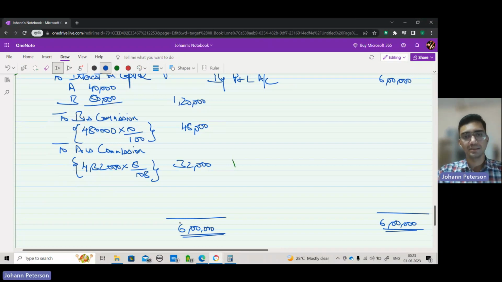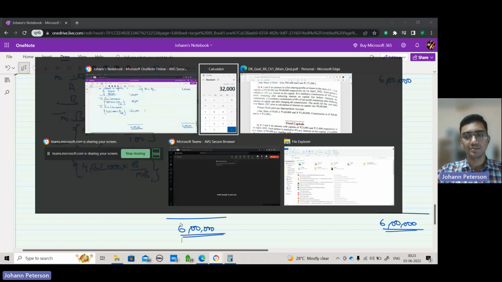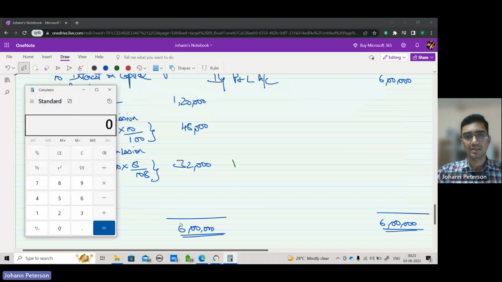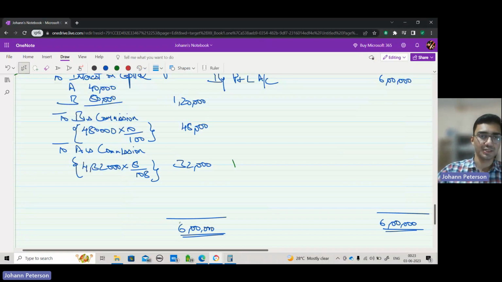Now 6 lakh minus all these amounts: 1,20,000, 48,000 and 32,000. It's 4 lakh. Now what is the ratio that we have to divide it in? The ratio is 2:3. So 4 lakh now we have to divide in 2:3. Since this balancing figure is found on the debit side, it will again be a profit.